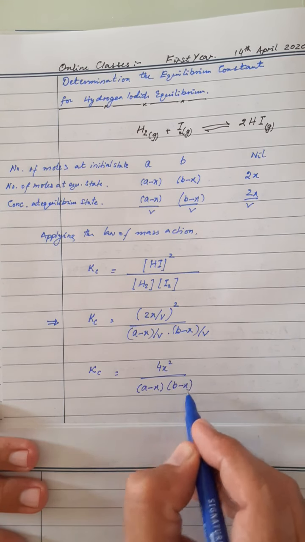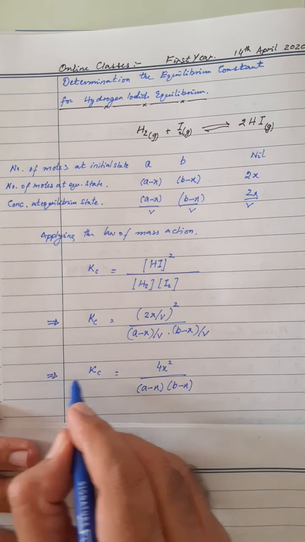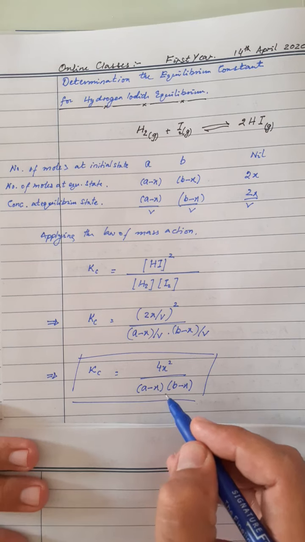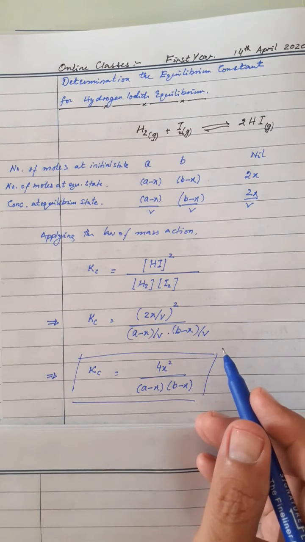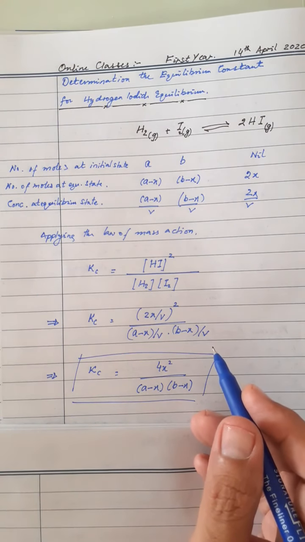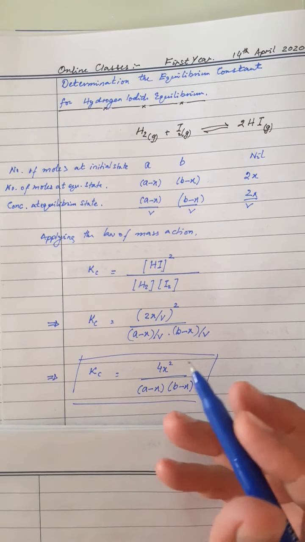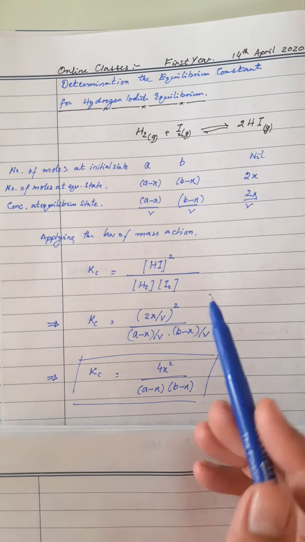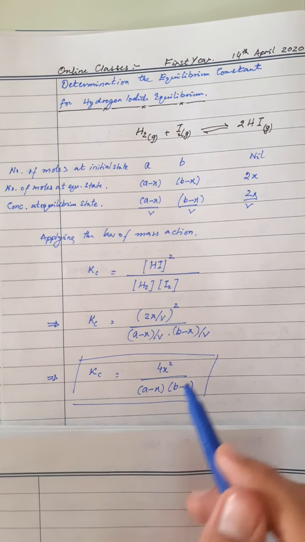B minus x. Just like yesterday, A and B are known quantities, which we take before the chemical reaction. You have also made those charts which indicate the values of A and B. The x is the quantity of HI made at equilibrium state. We can put all the values here.